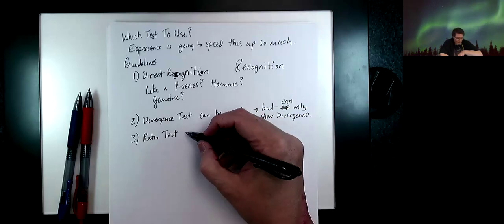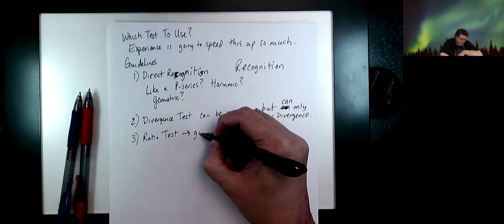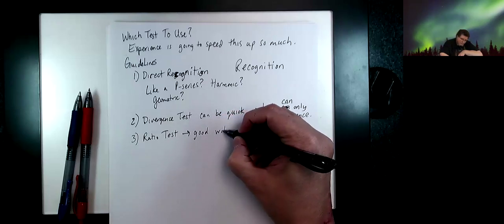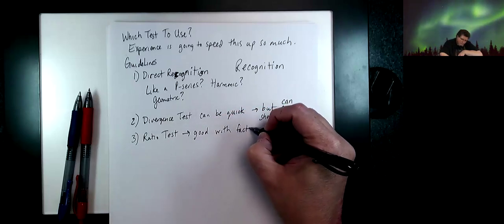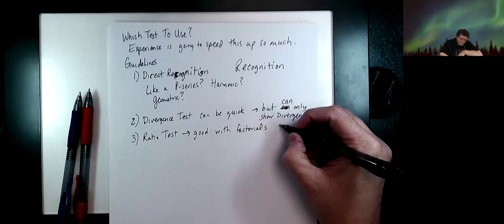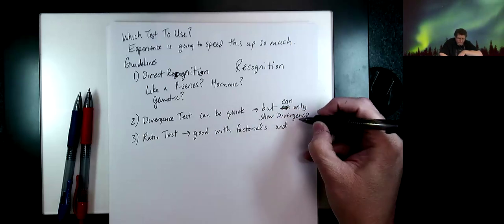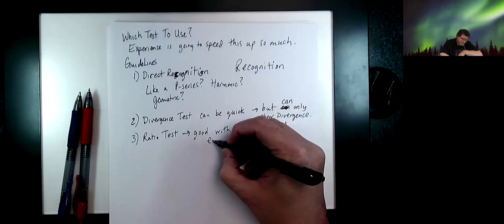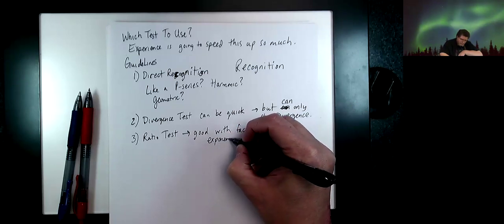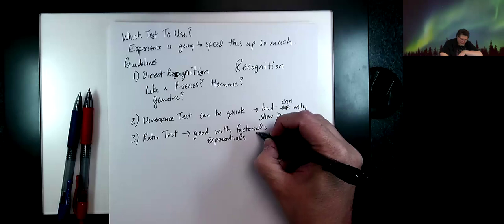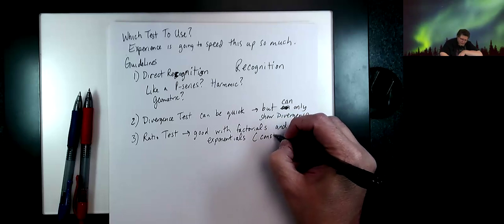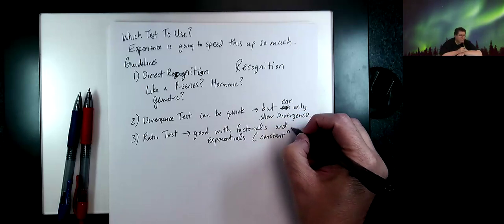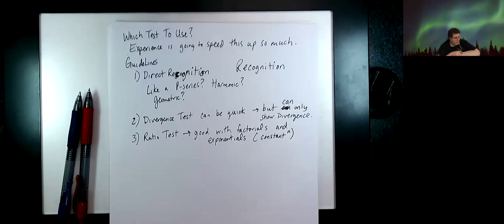Ratio test, again, is good with factorials or exponentials. And when I mean exponentials, I mean a constant to an n power. You don't want to have a variable in there. That's going to make it miserable.